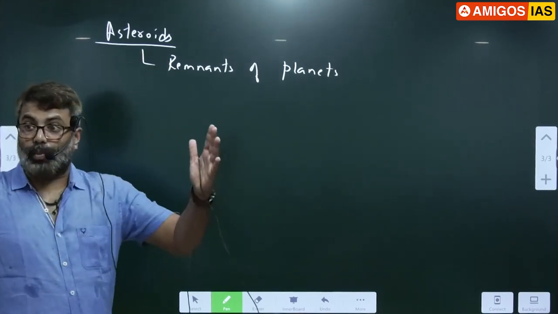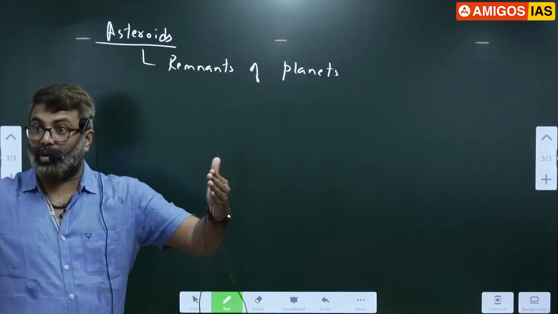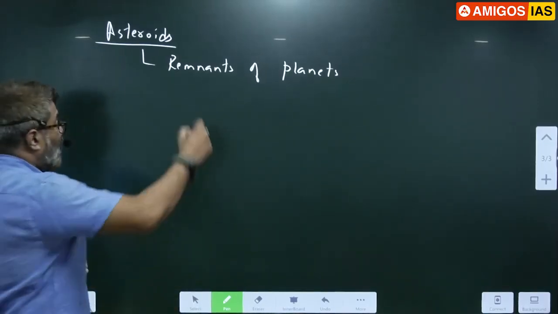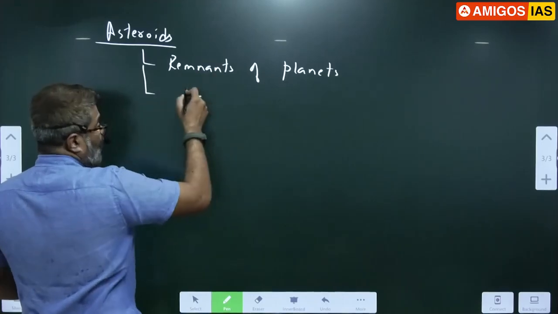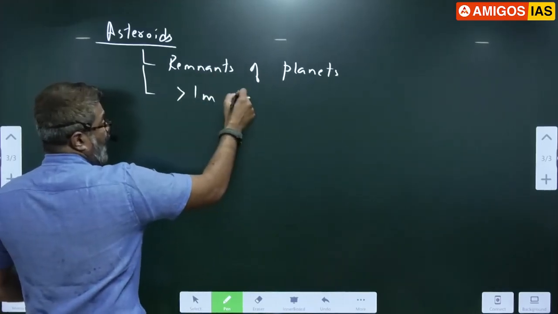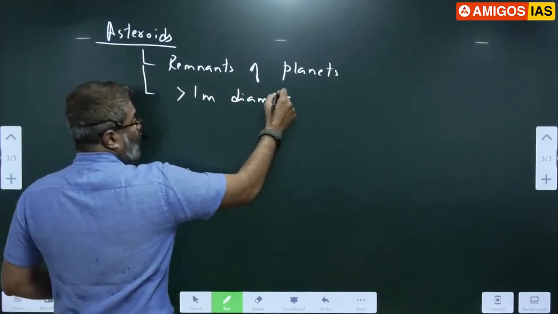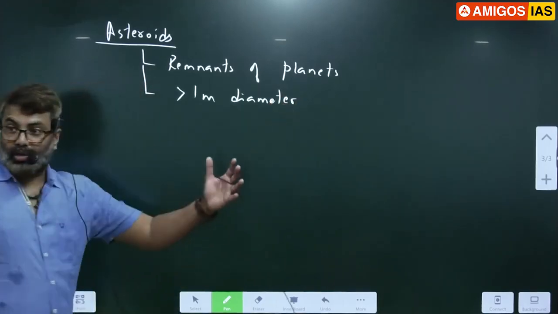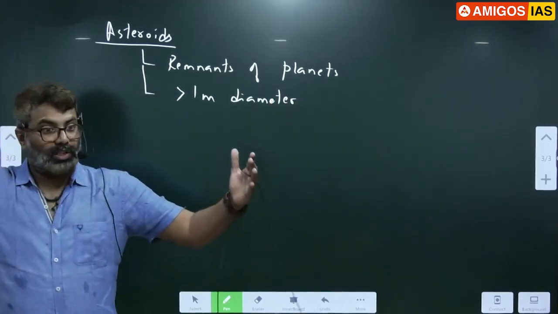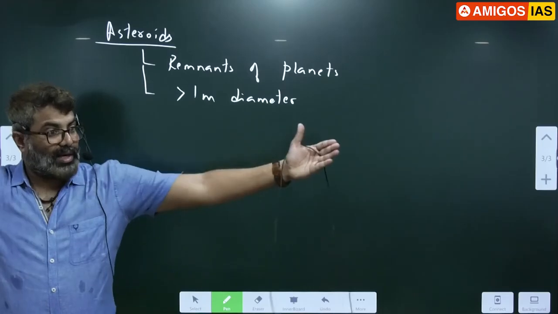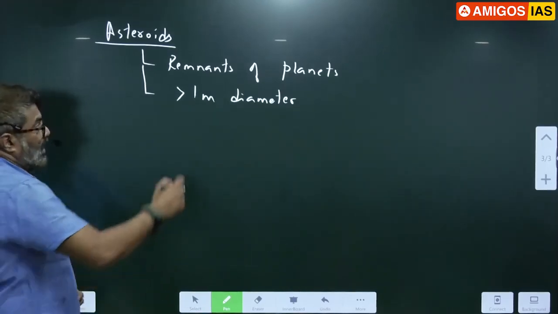Asteroids are large boulders of rock with more than 1 meter diameter. So any rock in space which is more than 1 meter in diameter is called an asteroid.